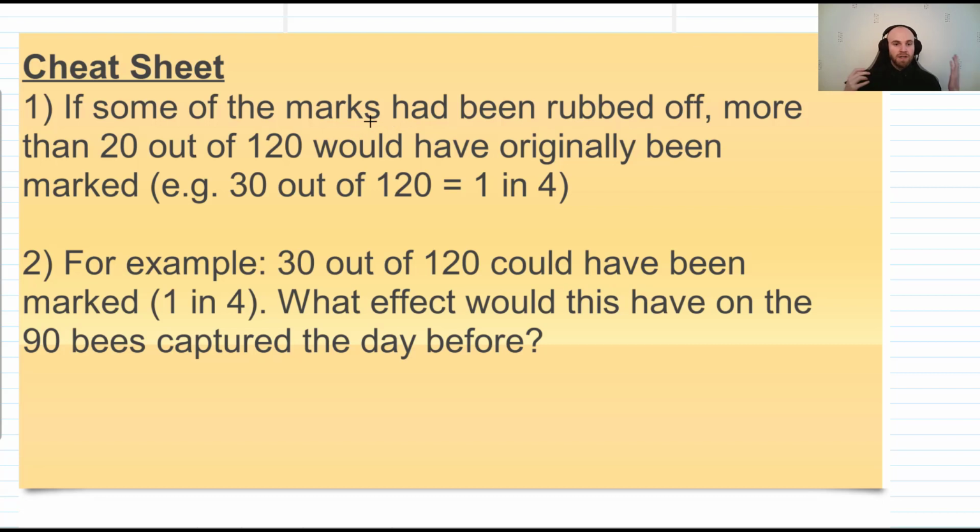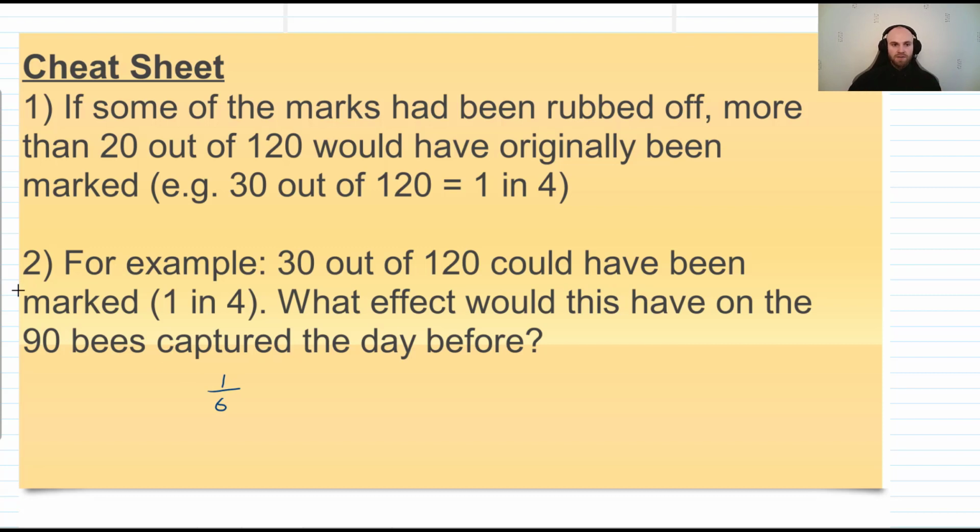For example, 30 out of 120 could have been marked, which would be 1 in 4, rather than 1 in 6. What effect would this have on the 90 bees captured the day before? If 90 bees were only 1 in 4 rather than 1 in 6, what effect would that have?